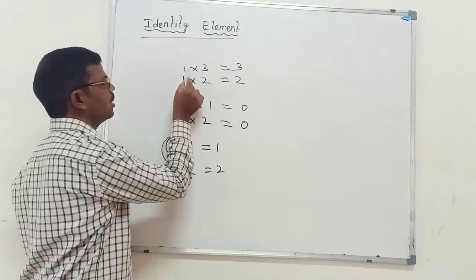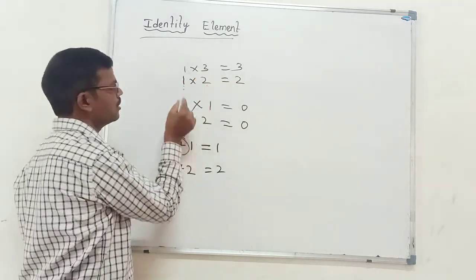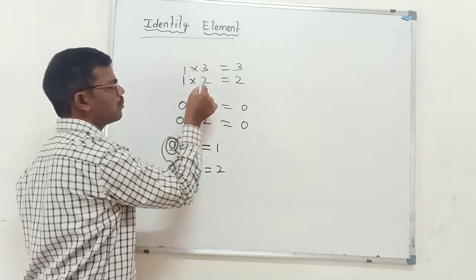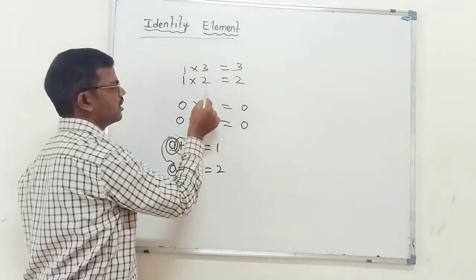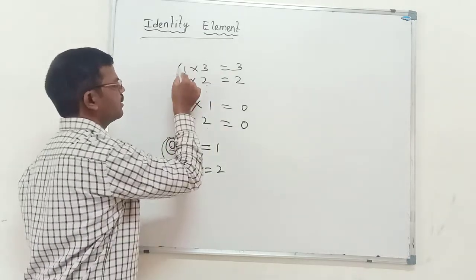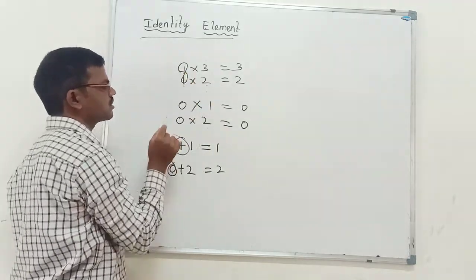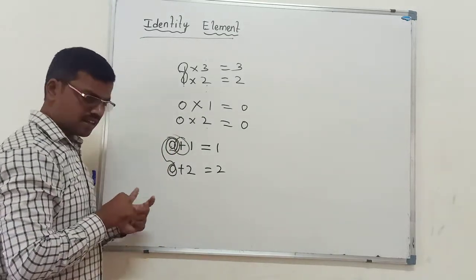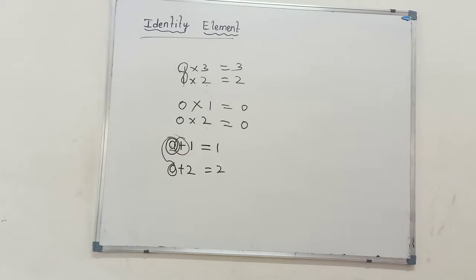So here 1 becomes the identity. It is a fixed element. We operate this fixed element with other elements, and those values are not changing. For that reason this fixed element is called an identity element.